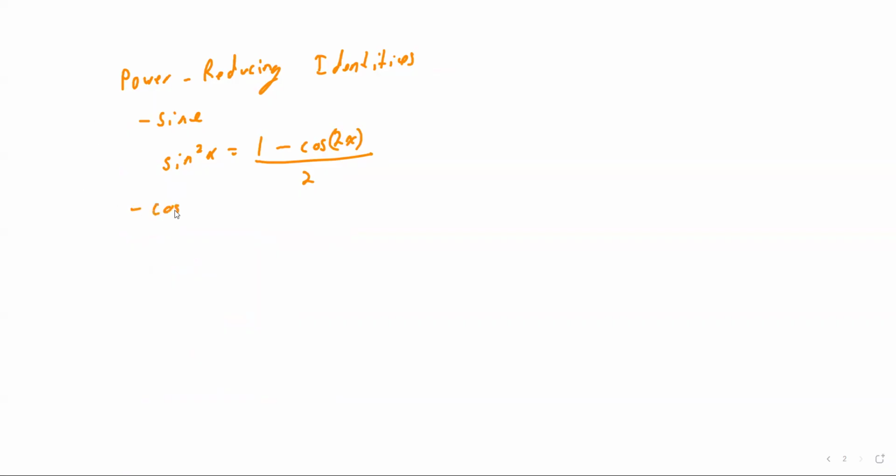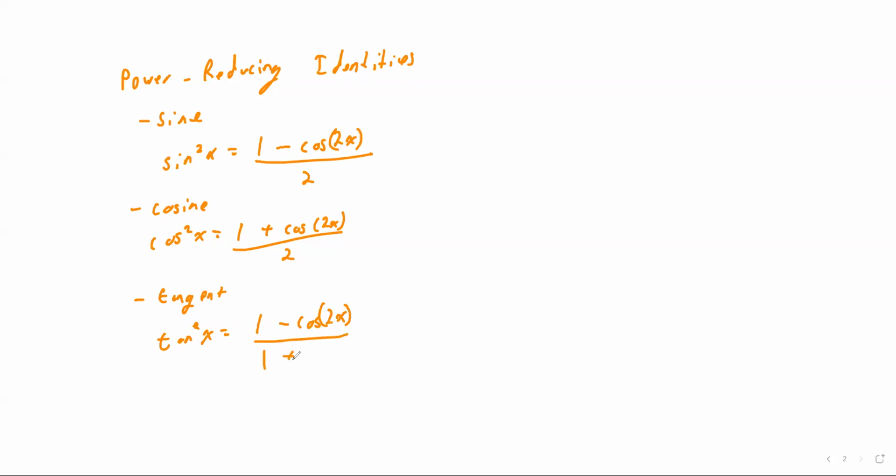For cosine, a cosine squared x will produce a 1 plus cosine 2x divided by 2. And then our tangent will be tan squared x would equal 1 minus cosine 2x divided by 1 plus cosine 2x.